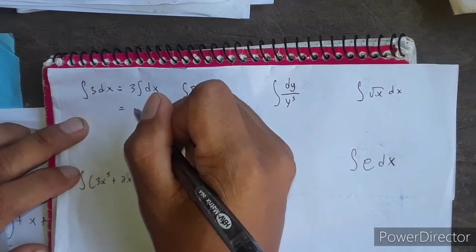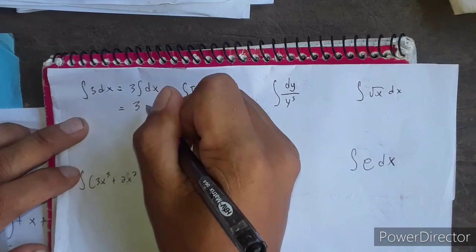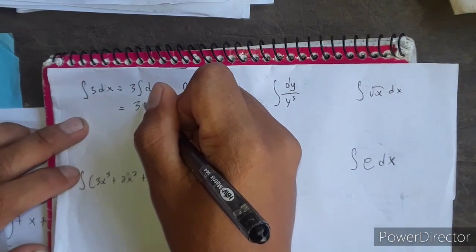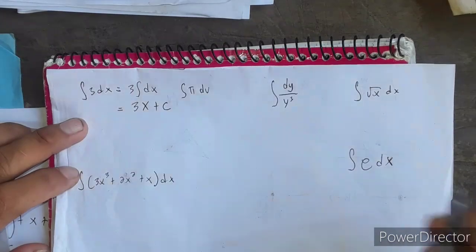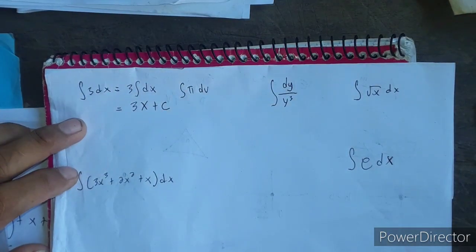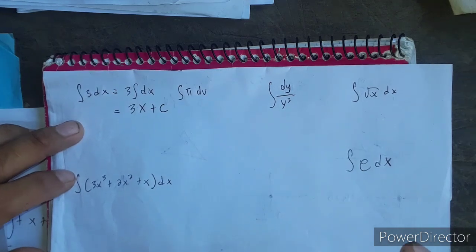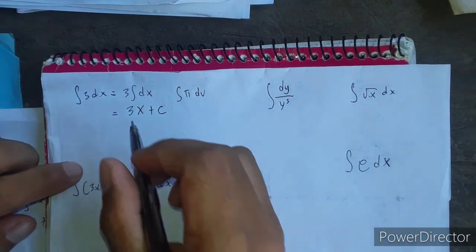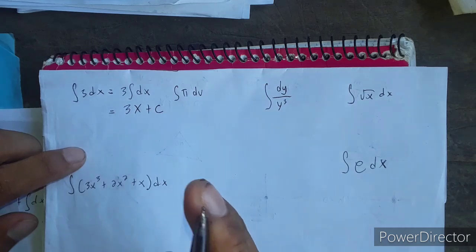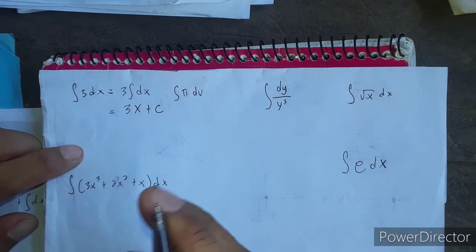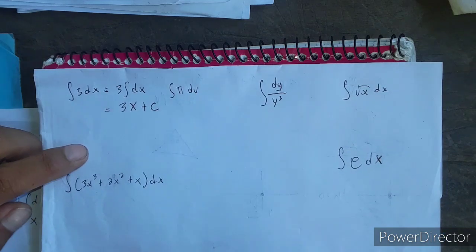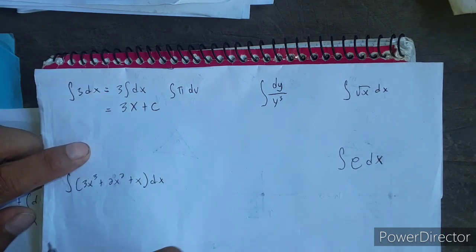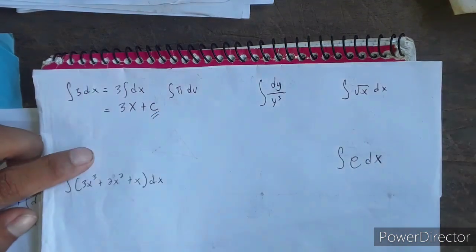So the integral of 3 dx is equal to 3x, and don't forget to add c. So as not to get confused in integrating, if we have a constant in a function, we put it outside the integral sign. So this is our final answer.